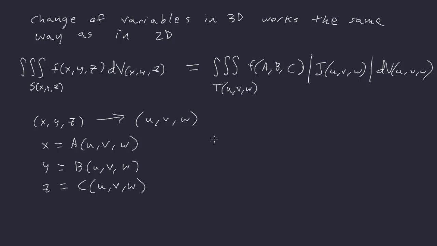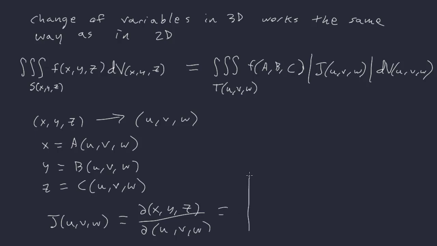And the Jacobian, well, if we move it to 3 dimensions, it's the same idea. It's the partial of x, y, and z in terms of u, v, and w. So it will be the determinant of a 3 by 3 matrix now instead.